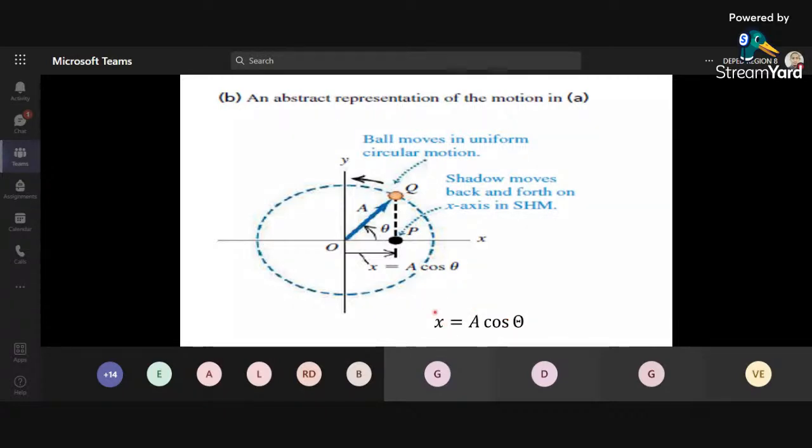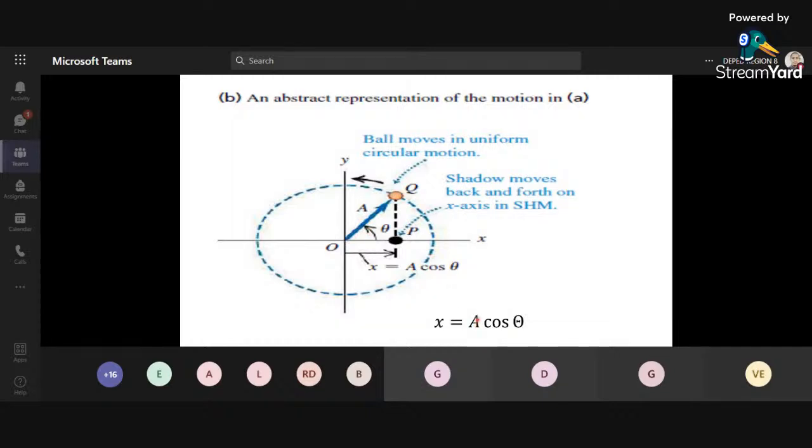The displacement x equals A, the radius of the circle, multiplied by cosine theta. We derive cosine theta from the cosine of the angle here.